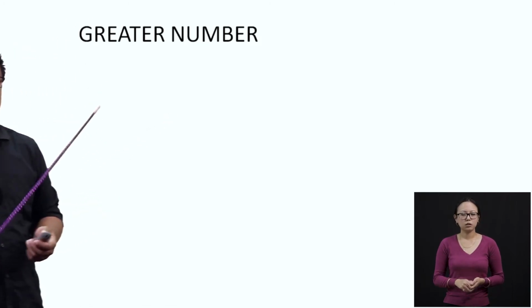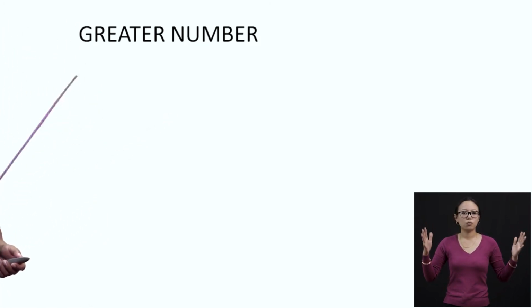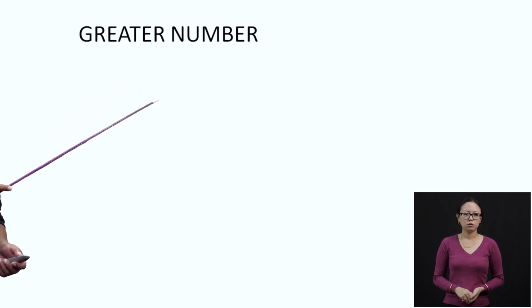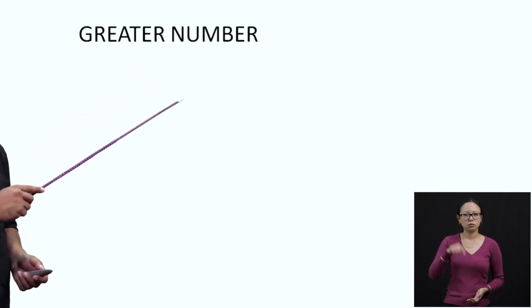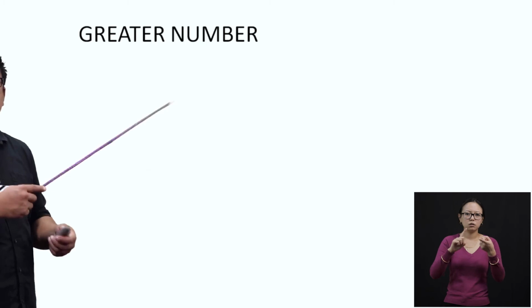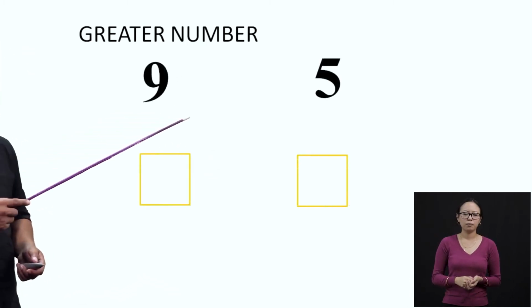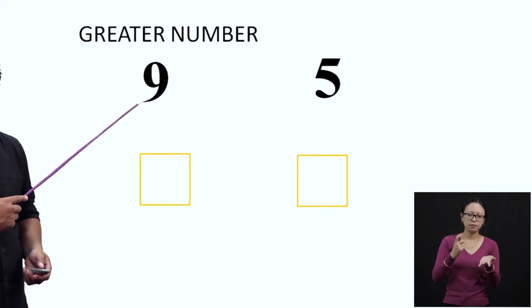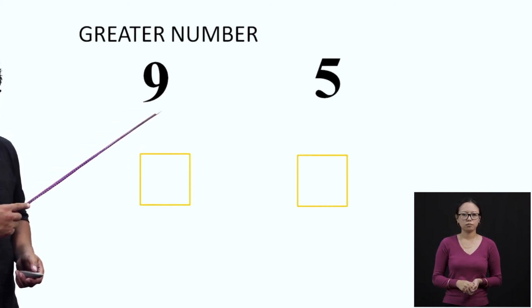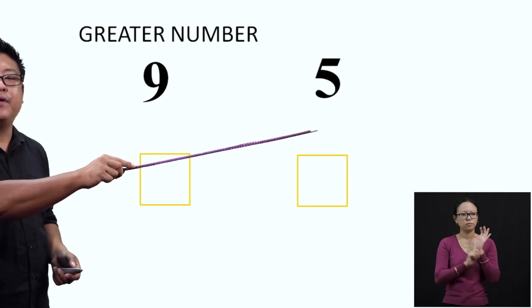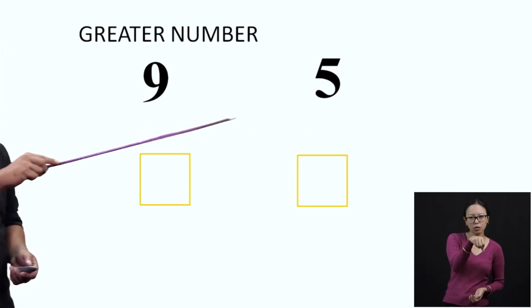Now let's move on to the numbers. The first topic that we will talk about is the greater number or bigger number. All right. Let's look at the example given here. The example has 9 and 5. So you compare 9 and 5.